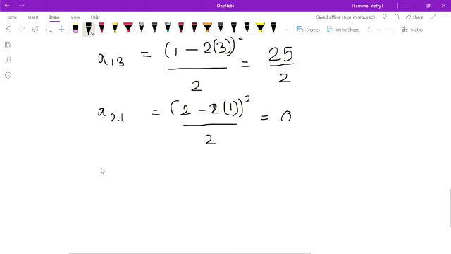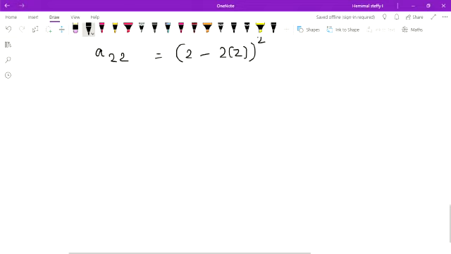Then the second row, second column, A22. So i is equal to 2, j is equal to 2. So (2 minus 2 into 2) whole square divided by 2. 2 2s are 4. 2 minus 4 gives minus 2.